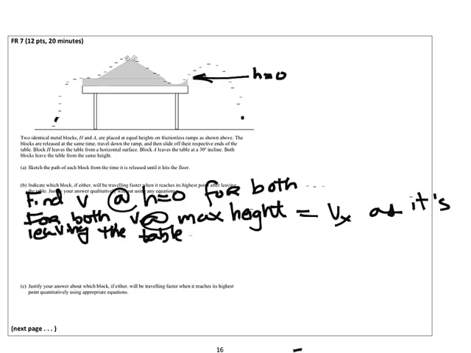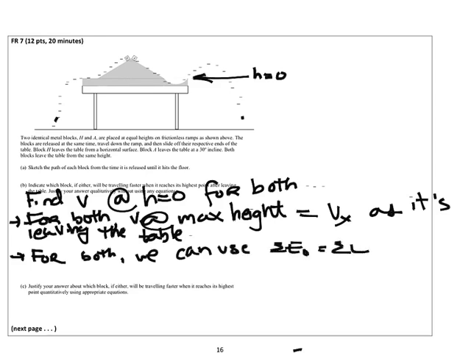So for both, we can use sigma E naught equals sigma E to find v as it leaves the table.